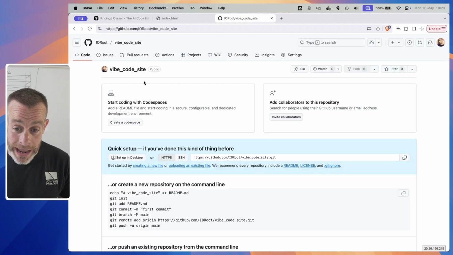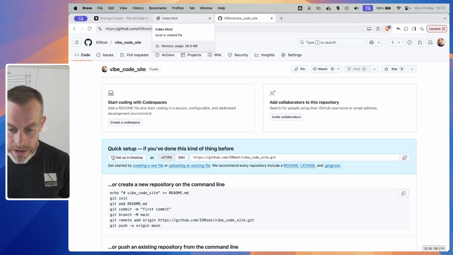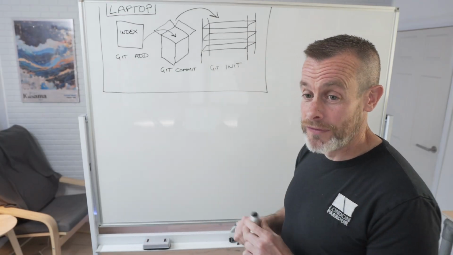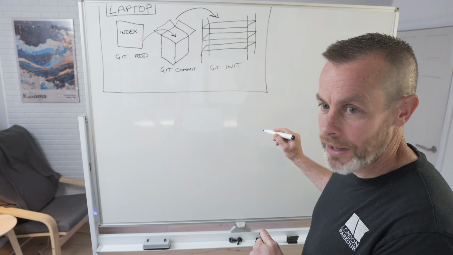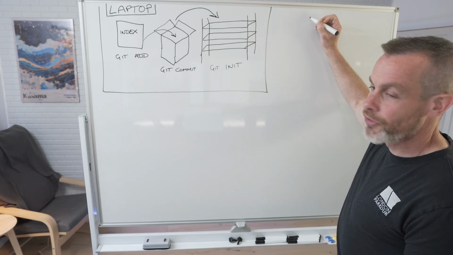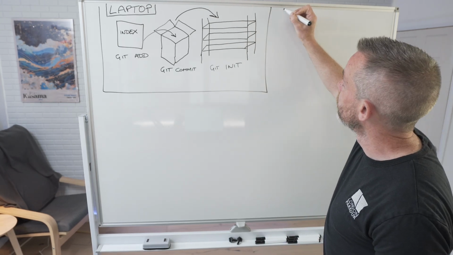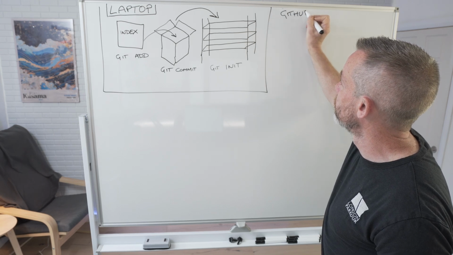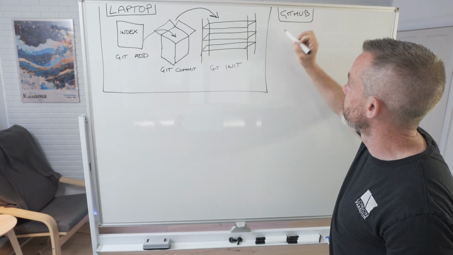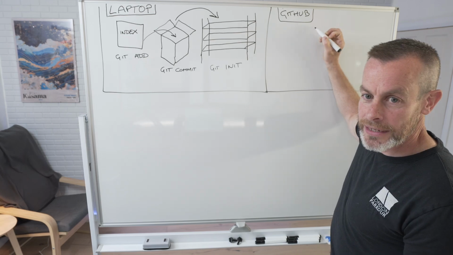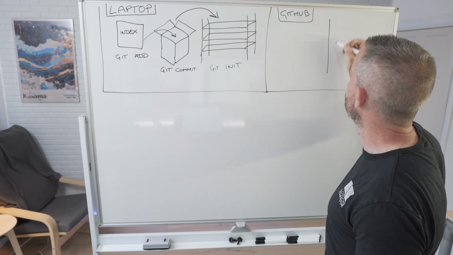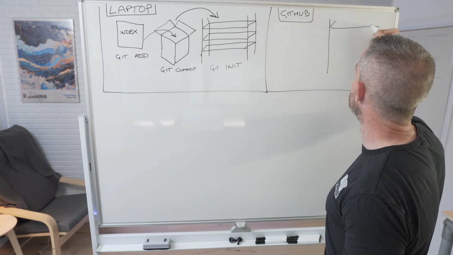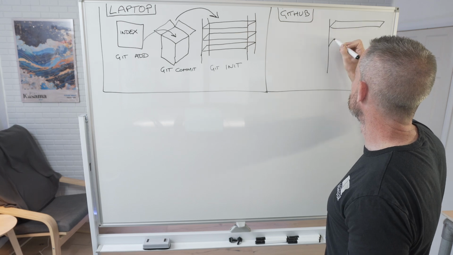And there we go. So now we've got this remote repository. If I quickly go back to the whiteboard, on the right here, we've created GitHub on the cloud, and GitHub has some empty shelves.